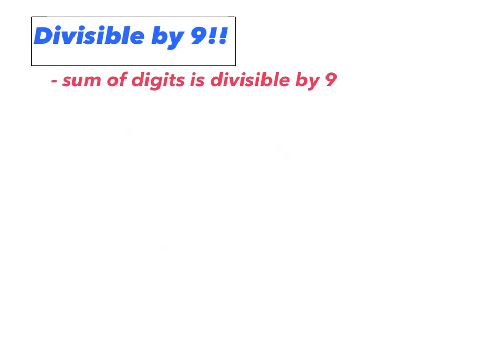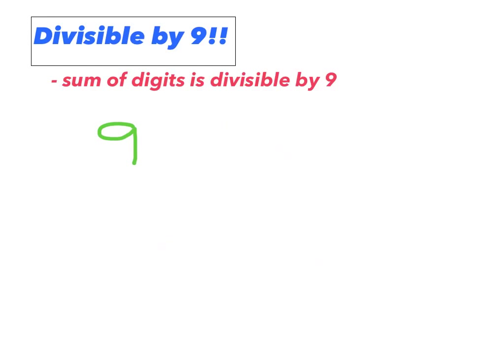2 left. To see if the number is divisible by 9, it is almost the same as our test to see if a number is divisible by 3. The sum of the digits must be divisible by 9. So here is an example.